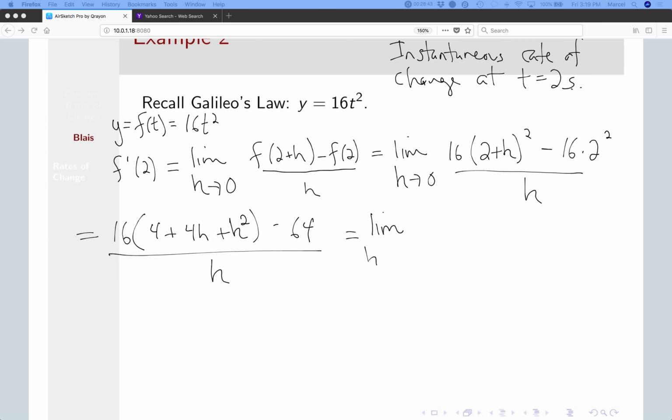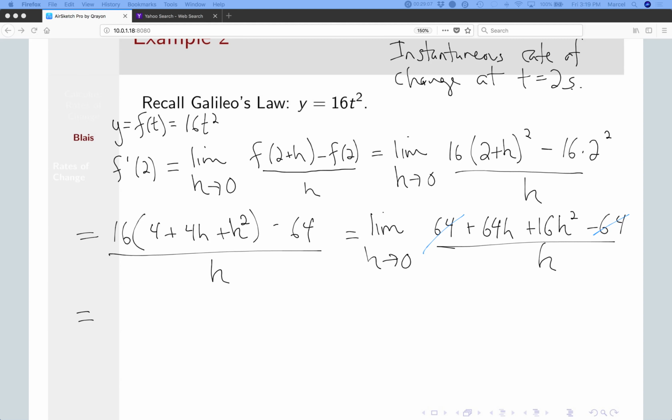This is the limit as h goes to 0. When we multiply this 16 through, we will get 16 times 4 is 64, plus 64h, plus 16h squared, minus 64 over h. Note that those 64's cancel.